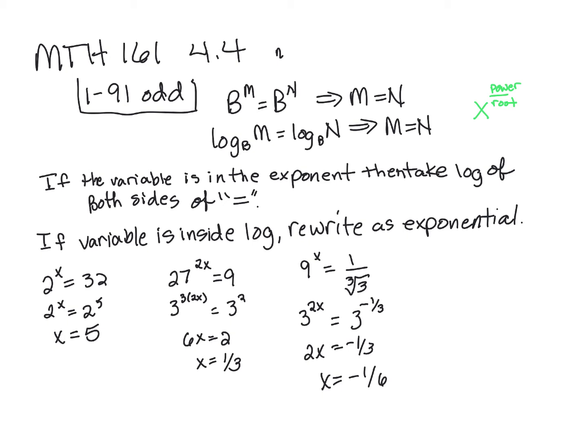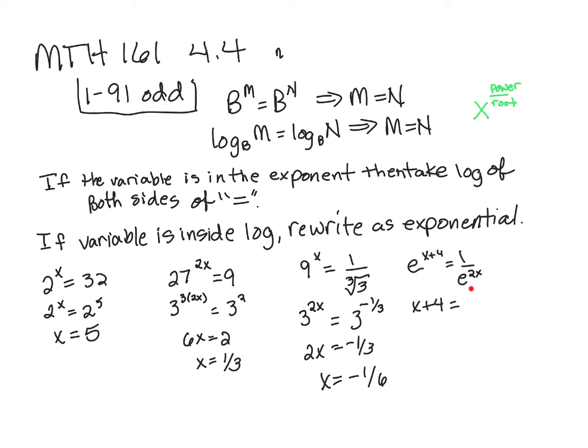Let's try another one. What if we have e to the x plus 4 equals 1 over e to the 2x? Well, obviously both of those are powers of e. So this power equals the power on the e here.